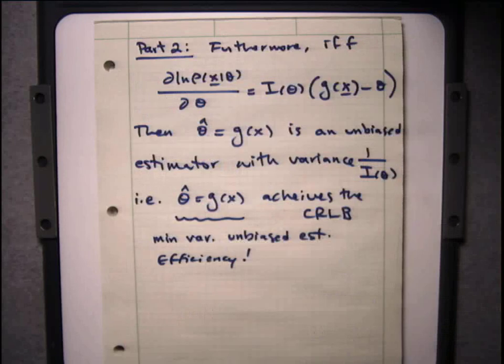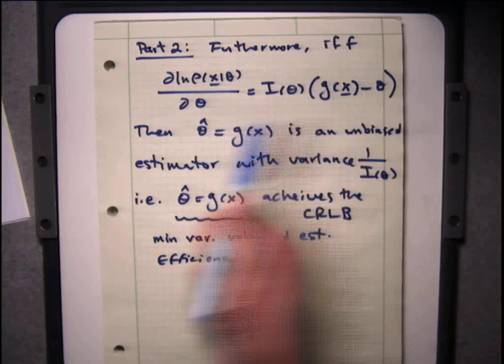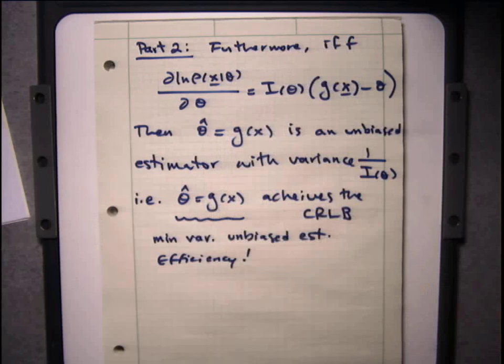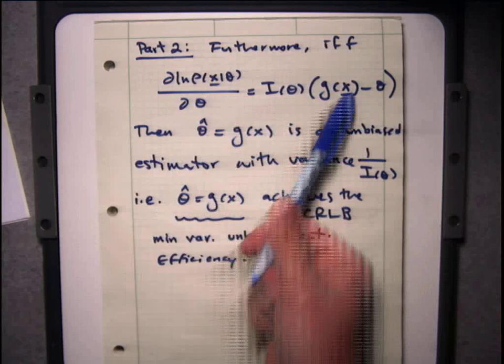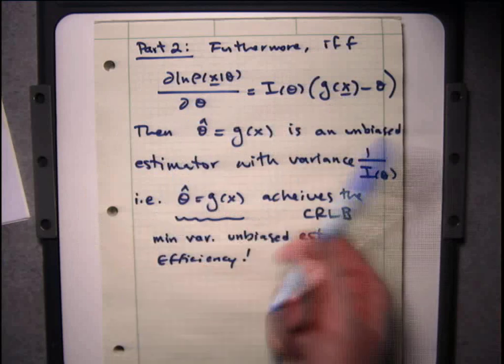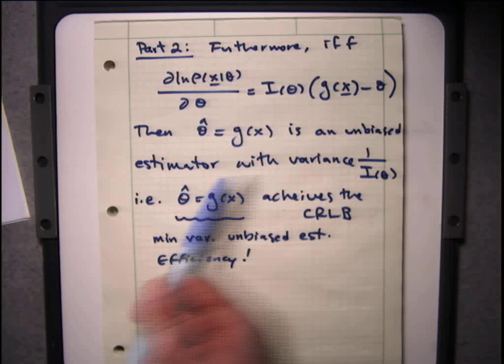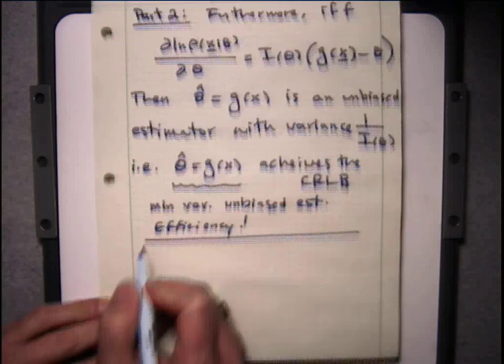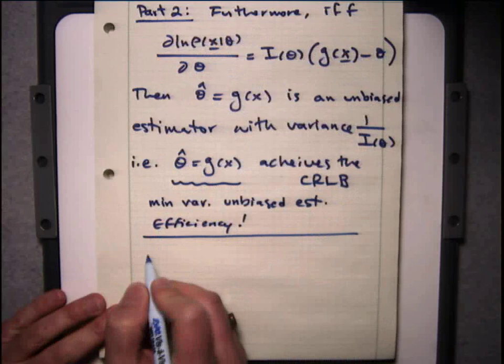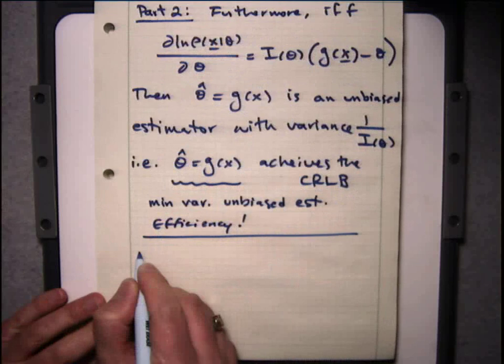But for now, let me try to explain how this all works and prove to you that in fact, if you can do this, then this estimator is unbiased and that it achieves this particular variance. So that this is not such a mystery. Okay, so let's start again with the regularity condition.